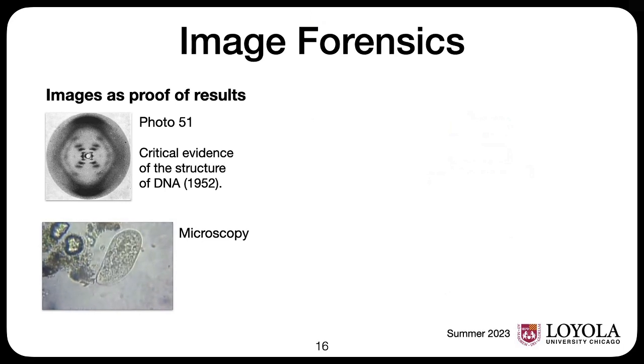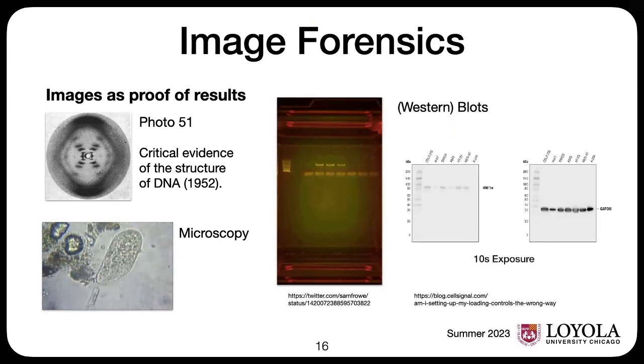And it may range from microscopy to Western blots, for papers that work with the presence of proteins, and the Western blots are a way to show that some proteins are present or absent, and they have these characteristics as you're seeing here.